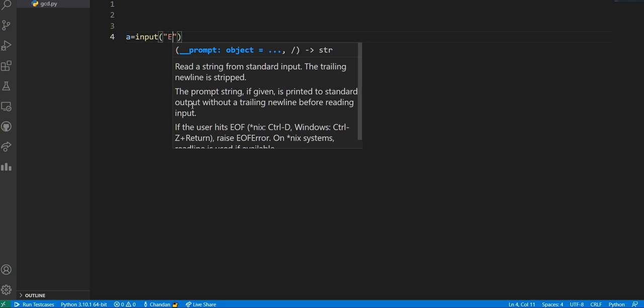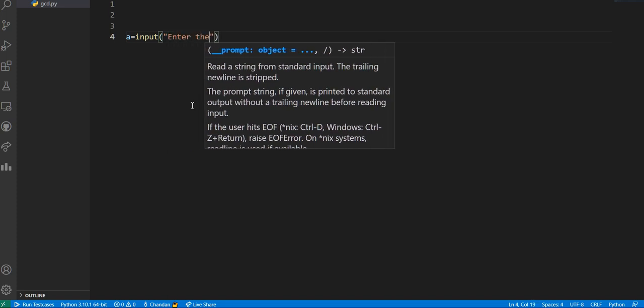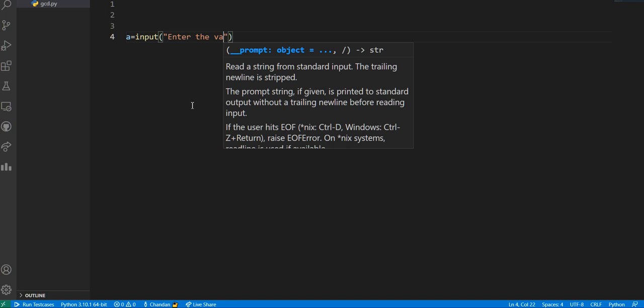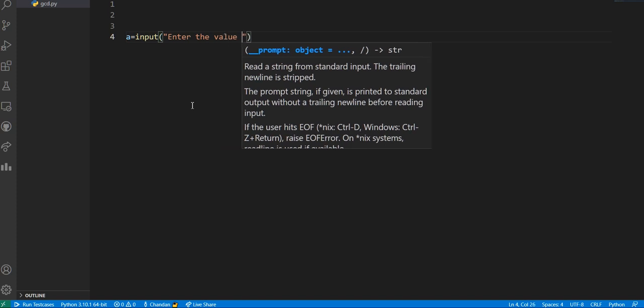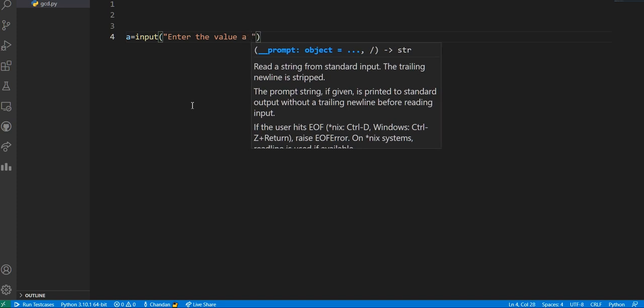Enter the value of a, whatever we need to find the GCD of, like 14 and 13. Enter the value of A. Okay.